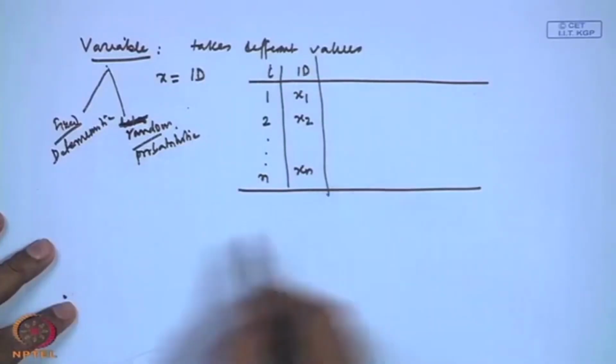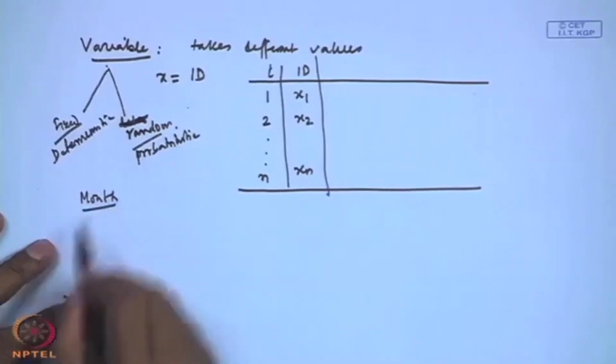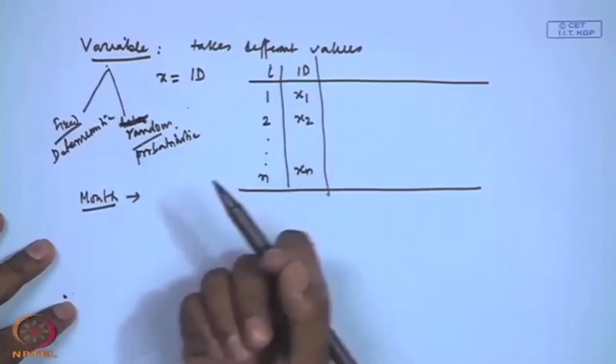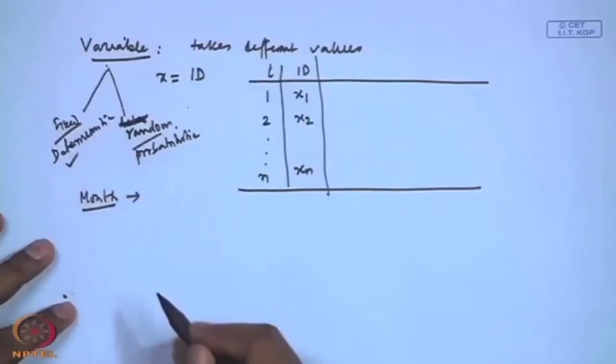For example, if I create another variable which is month, it varies over the year, but we know all the months. Suppose what will be the next month? If this month is December, next month will be January. It is known with certainty. So it is a deterministic one.